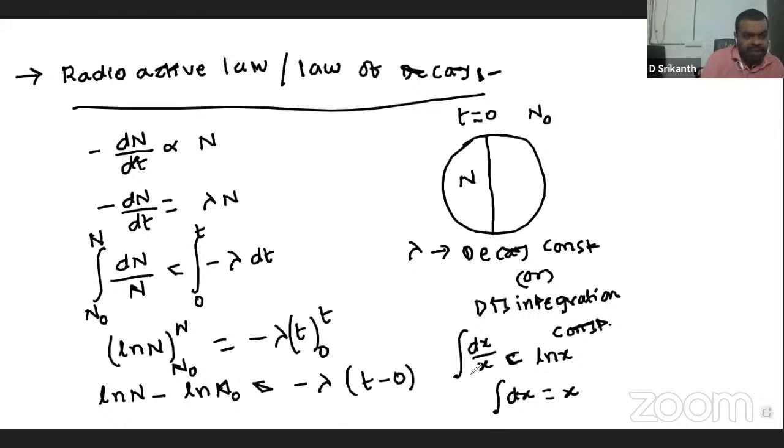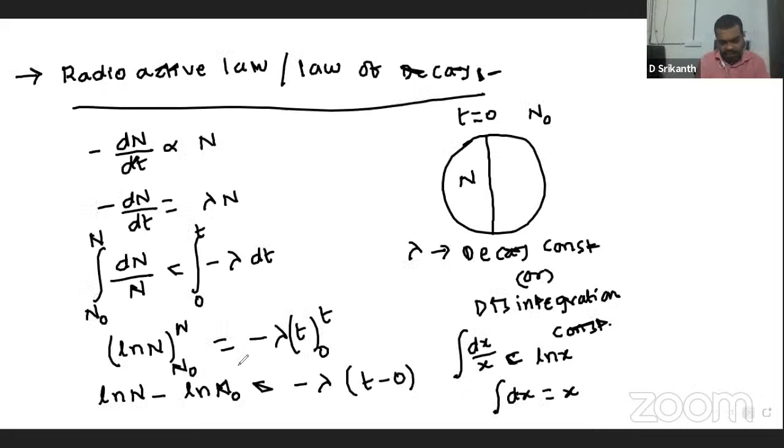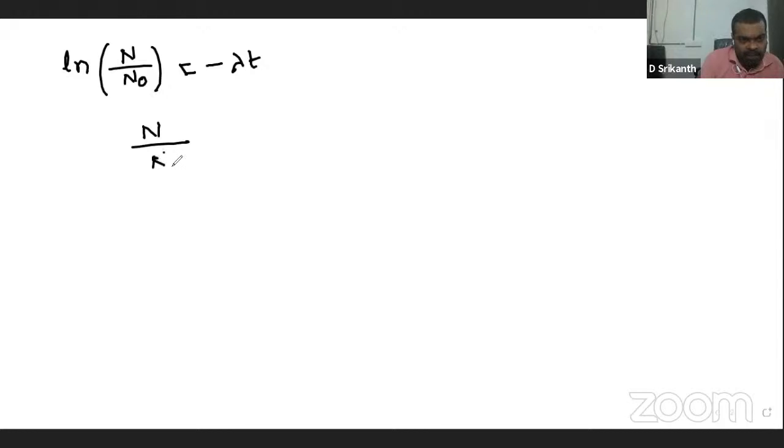Since it is in the form of log m minus log n, I can write ln N by N naught is equal to minus lambda t. So N by N naught is equal to e power minus lambda t, so N is equal to N naught times e power minus lambda t.